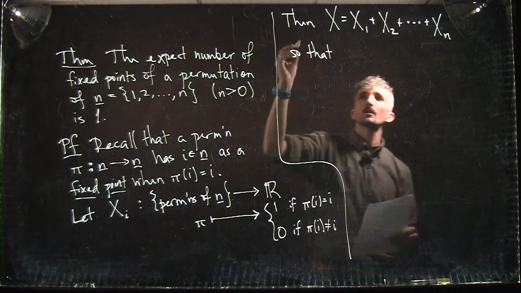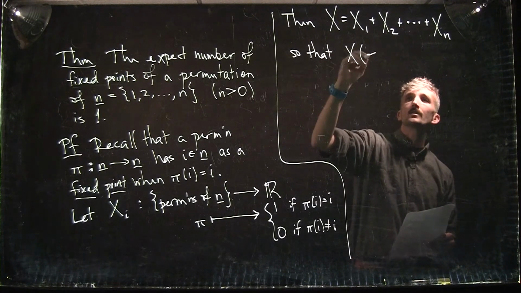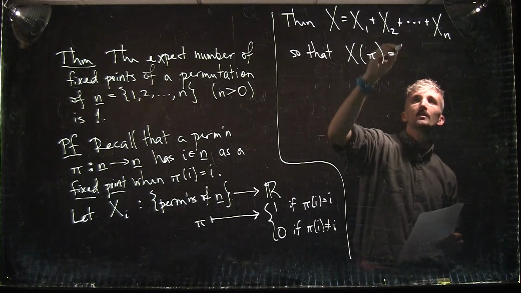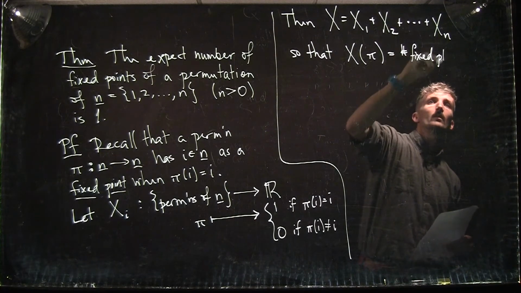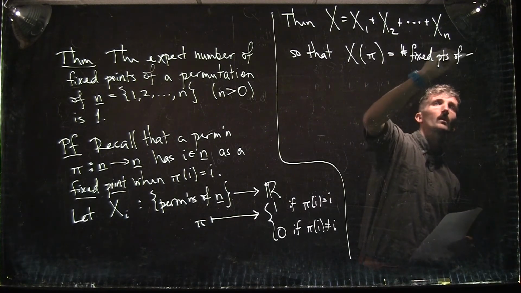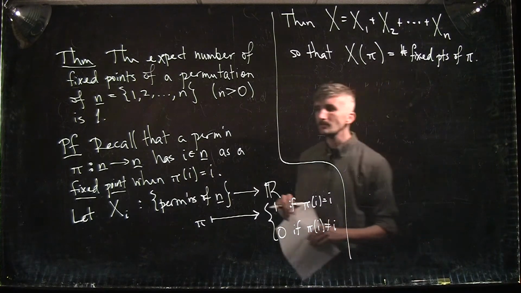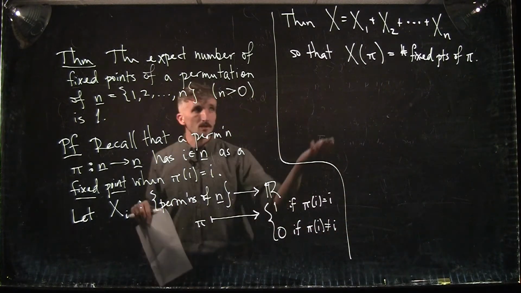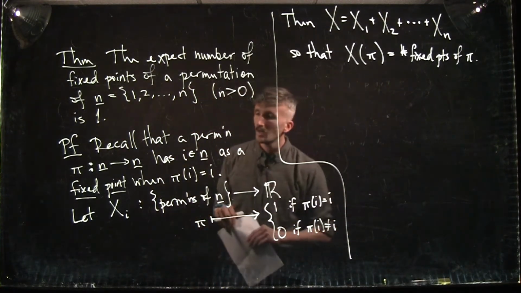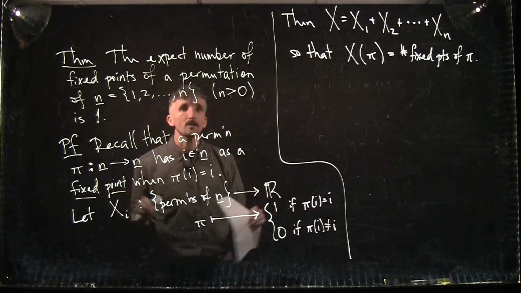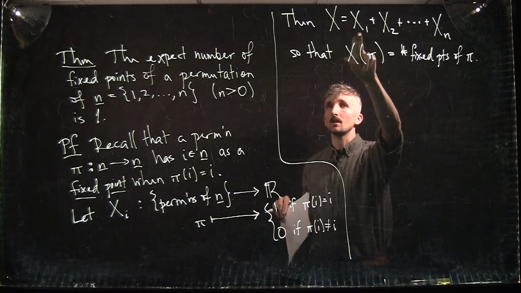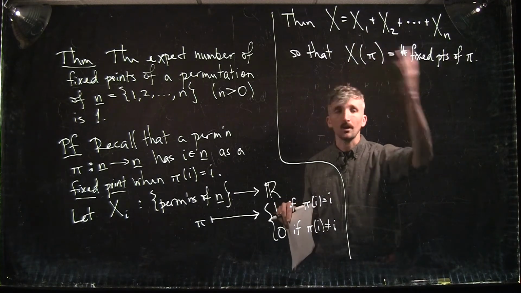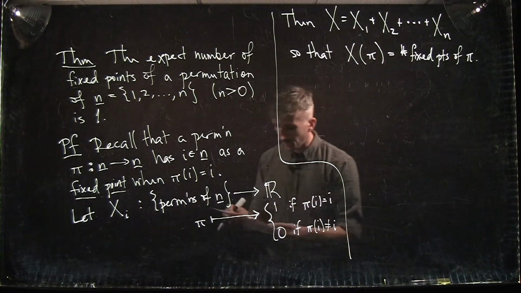So x is constructed such that x of a permutation is equal to the number of fixed points. And what we'd like to do now is compute the expectation of x. Doing that outright is quite difficult. But computing the expectation of x sub i, where i is some number from 1 to n, is actually fairly simple.